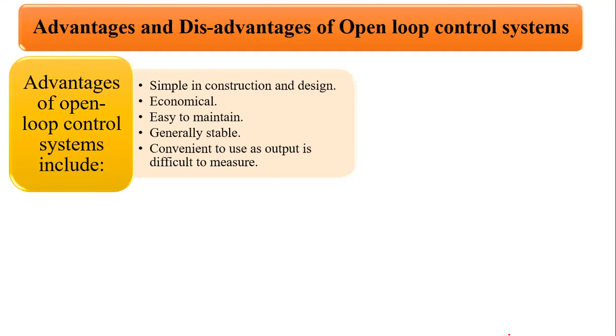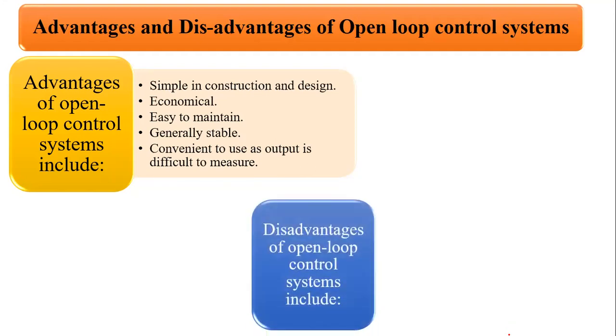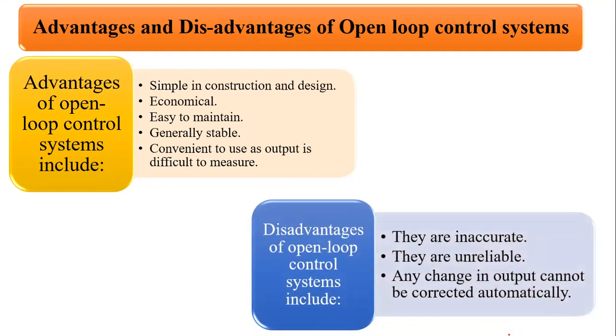Okay, so now the disadvantages are that they are inaccurate sometimes, right? They are inaccurate because the controller does not know how the plant is responding. The controller is totally blind to the response of the plant, because we are not monitoring or measuring the output of the plant.